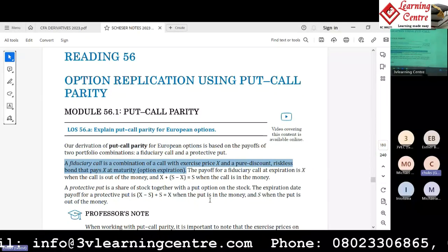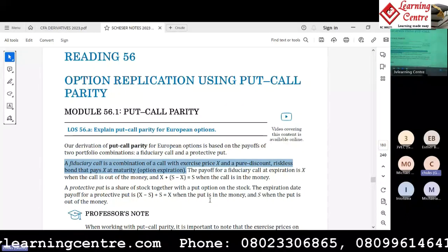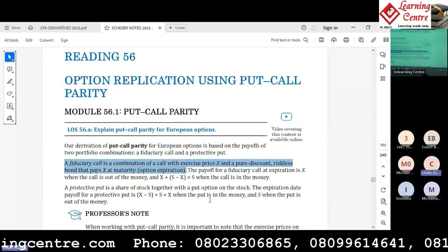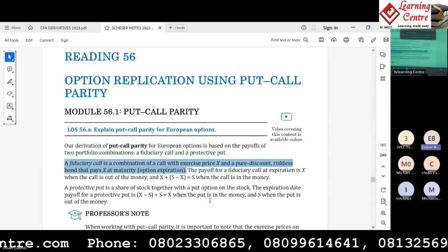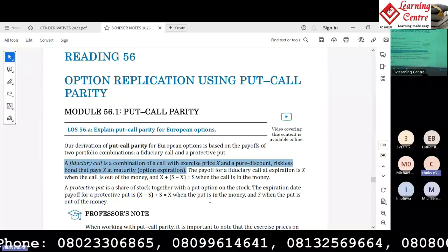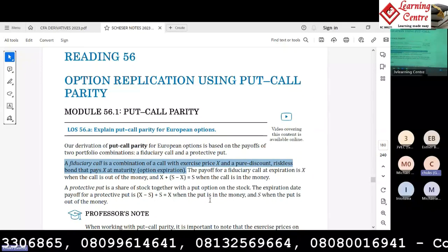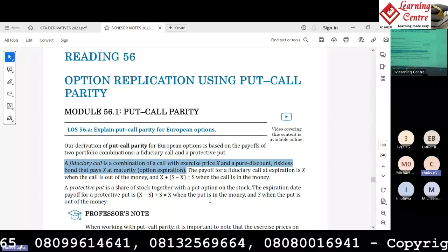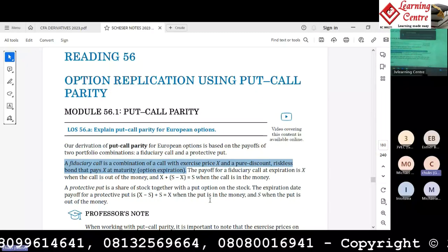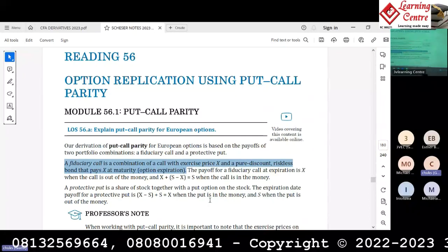Do you understand? It means you must have both a call option and the ability to exercise your call option. I think that explains it. Yeah, this is clear. So I must have a call option and the ability to exercise my call option. I think that makes it easier. That's for the fiduciary call. For the protective put, I have my share with me and I have the option to sell the share at a particular price.